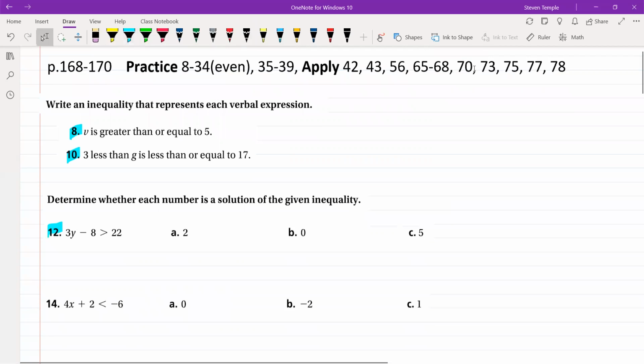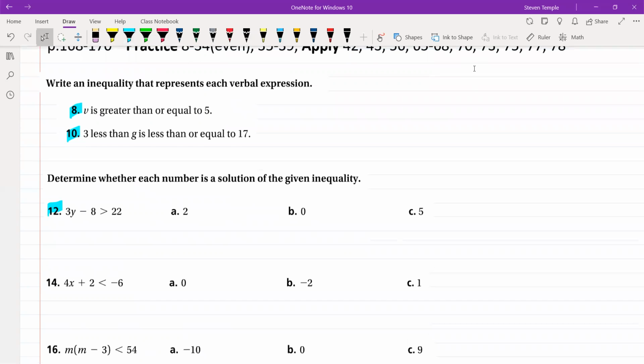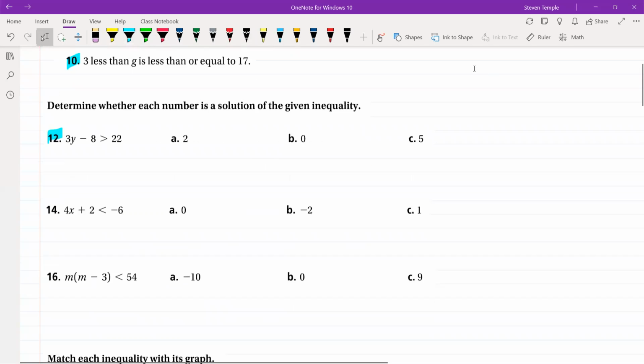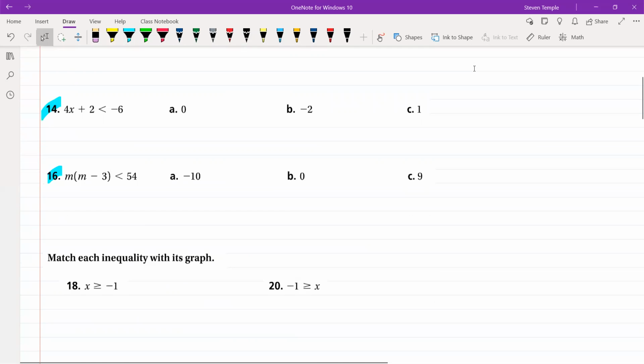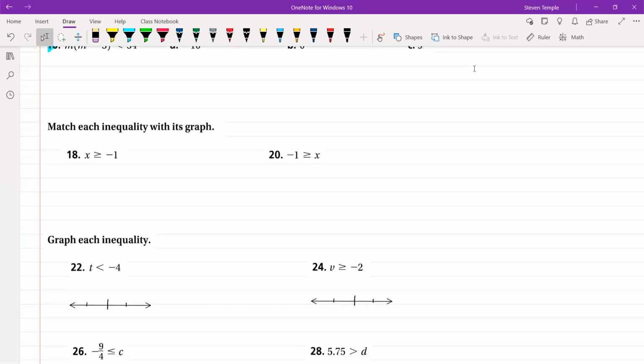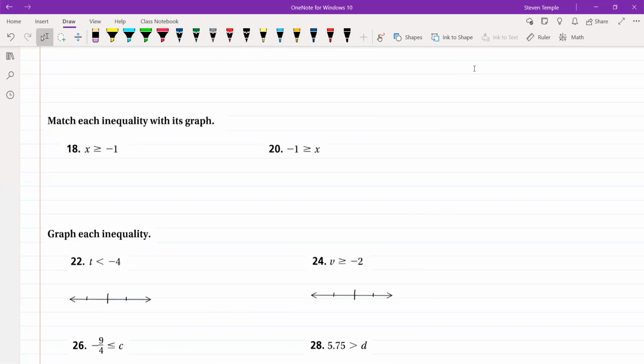So 8 and 10 are writing it out with a variable, algebraic inequality structure. Then you have 12, 14, and 16, and you could have multiple selections here. You could have all 3 be solutions, or none of them, or 2 of them, or 1 of them. Match each inequality with its graph.